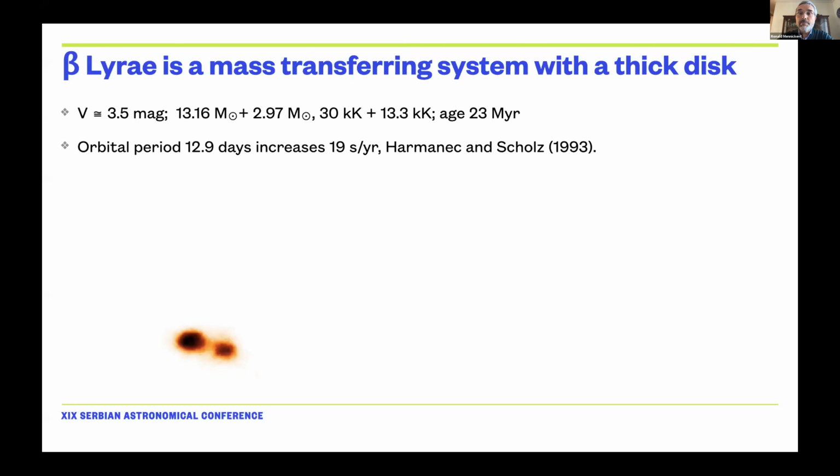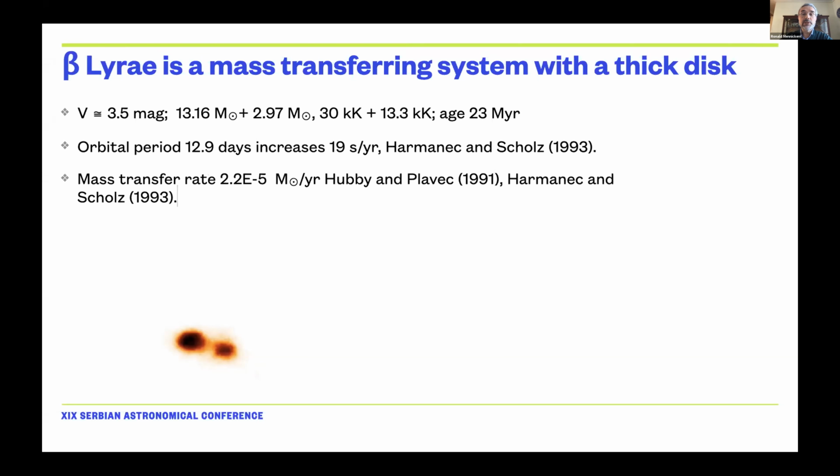The orbital period of this binary is 12.9 days and increases at a rate of 19 seconds per year. So the orbital period is changing. The mass transfer rate in the beta Lyrae binary is 2.2 times 10 to the minus 5 solar masses per year, a relatively large mass transfer for these systems.